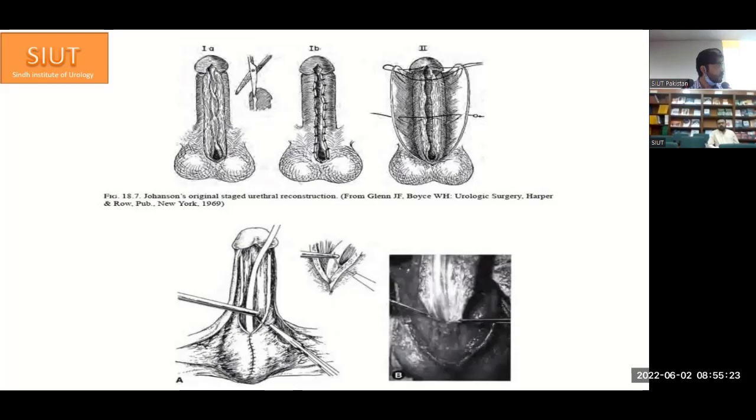Otherwise, we can do double phase BMG urethroplasty in non-infected stricture. So this is the old classification. If there is pus discharge and multiple fistulae in the perineum, then we have to do the Johnson's. Otherwise, if it is a simple panurethral stricture which is non-infective, there is no fistula, there is no complication, then we can do double phase BMG urethroplasty.